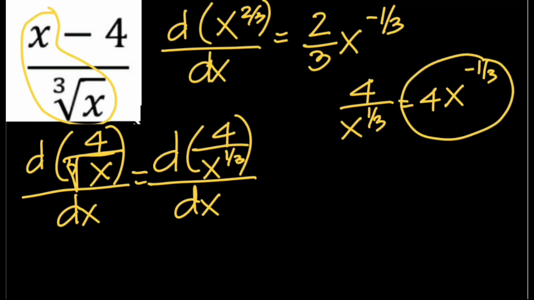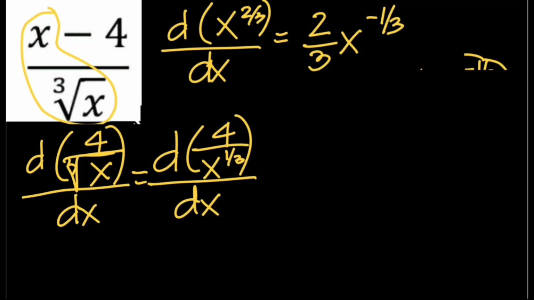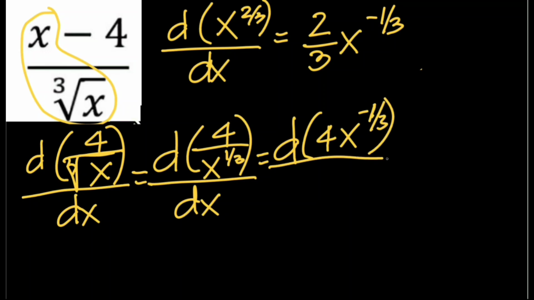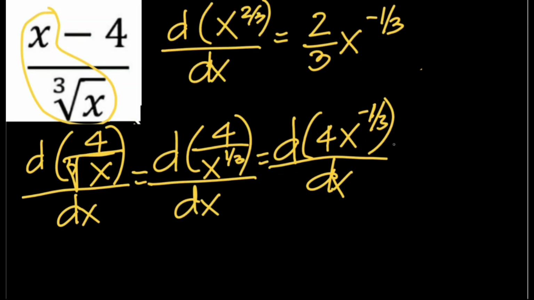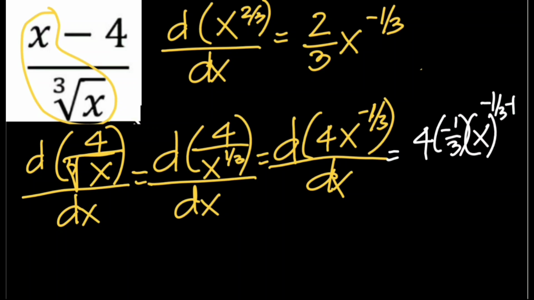We write 4 over x to the 1/3 as 4 times x to the negative 1/3, so it'll be easier. So we'll just use the power rule. This is the derivative of 4x to the negative 1/3 with respect to x. Then we get the derivative of that: 4 times the derivative of x to the negative 1/3, which is negative 1/3 times x to the negative 1/3 minus 1.